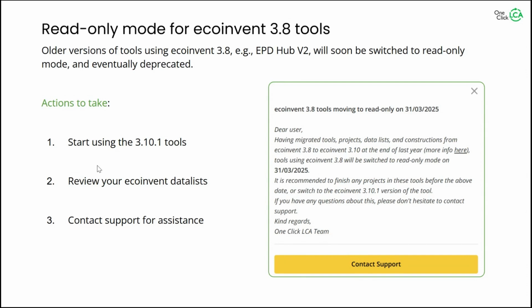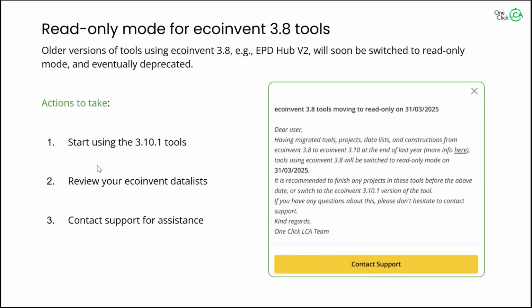Another thing that you need to do in line with this is to review your EcoInvent data lists. So it's likely that you still have some EcoInvent 3.8 data in your company account. We did duplicate data lists as part of the migration. We duplicated the ones that you've curated yourself, so your own company lists.